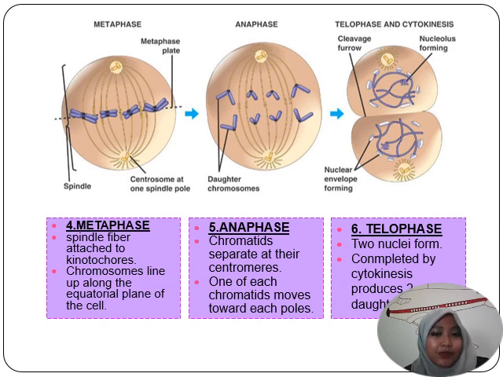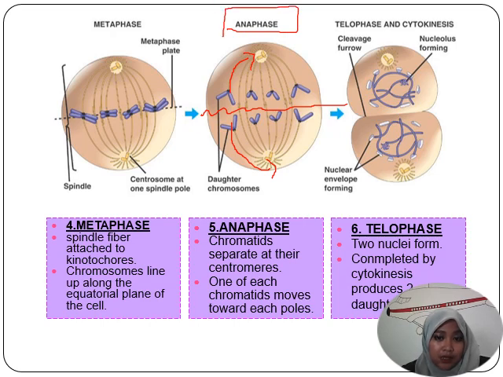Spindle fibers will attach to the kinetochores and bring the chromosomes to the equatorial plane of the cell. The function of this is so that during the anaphase, once they divide into two, the chromosome that was a butterfly shape now divides, meaning one chromatid stays here and another goes to the other pole. They separate and move to each pole.